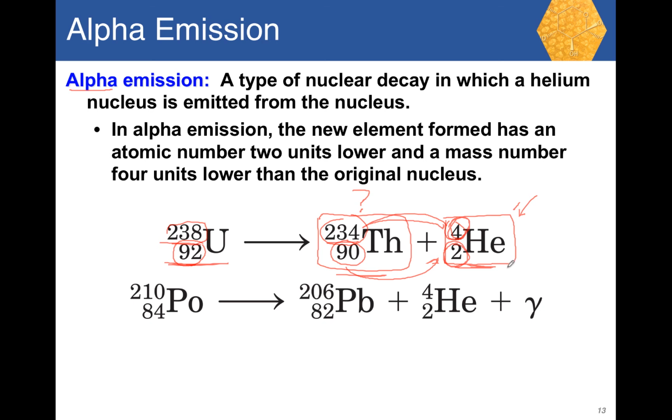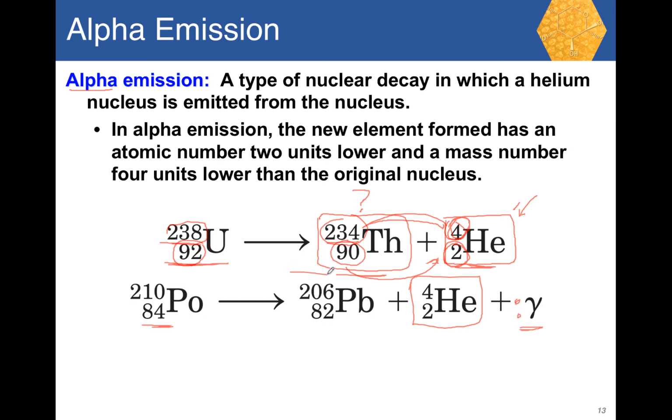Here's another example. We have polonium, and here's the isotope. It emits an alpha particle. It also emits gamma radiation. Notice there are no numbers here, so we cannot subtract anything because these are zeros.